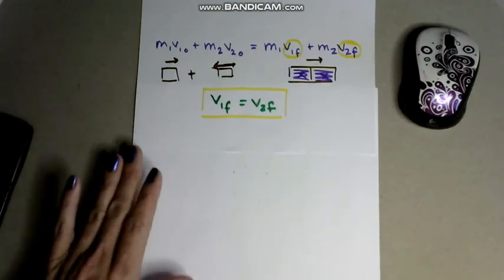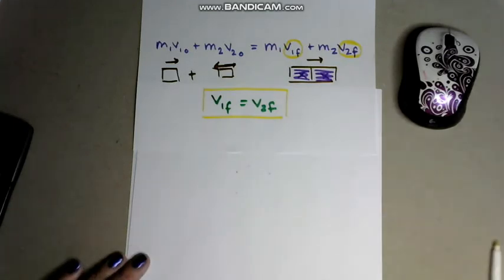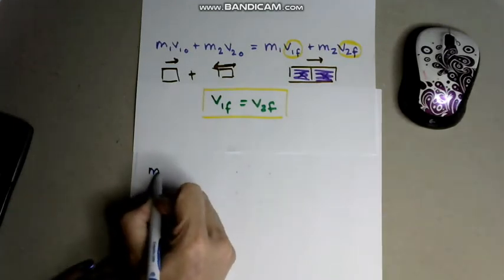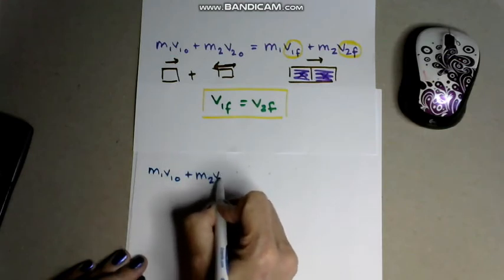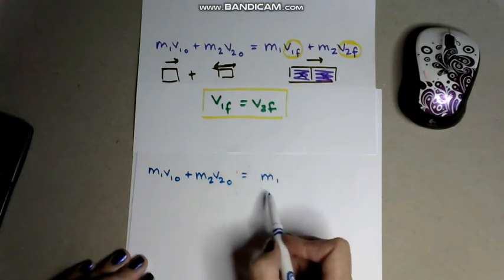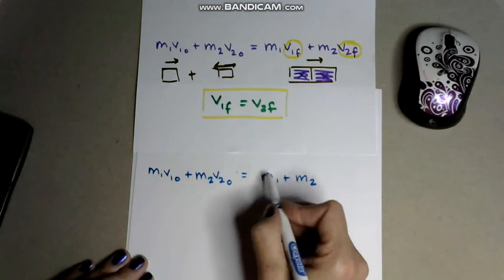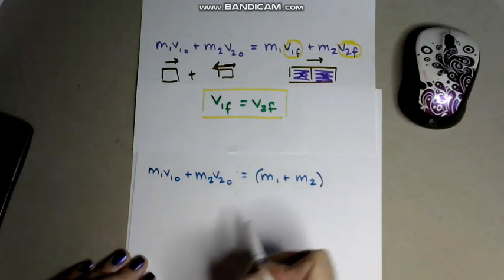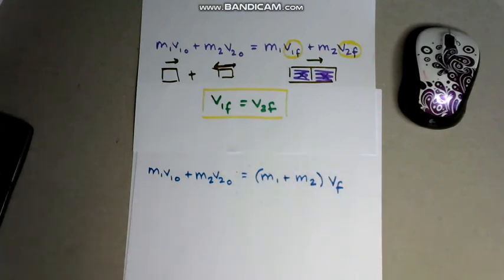So what if I rewrite all of this like this? Now I'm going to say I have my M1 V1 initial plus my M2 V2 initial equals my M1 plus my M2 times, I'm just going to call it VF because it is the same for both.